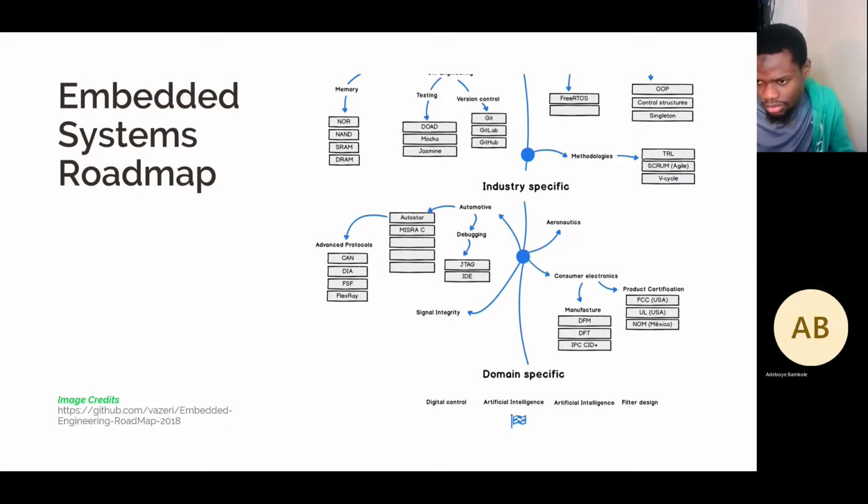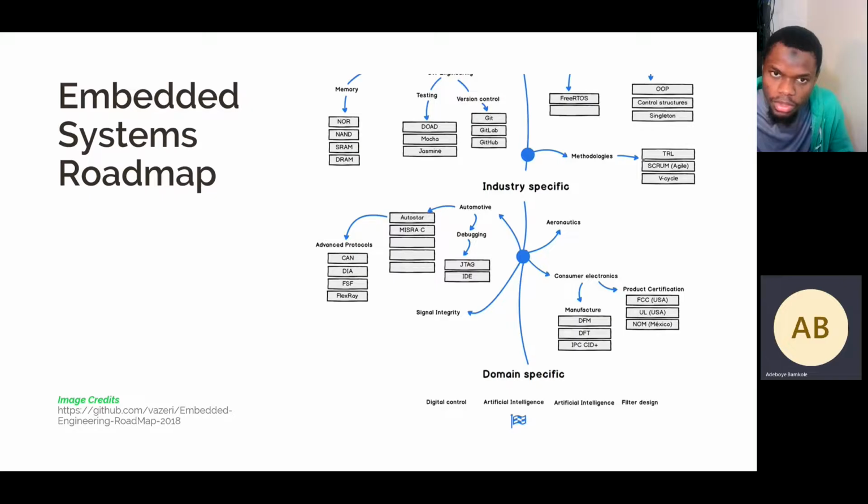And then I have domain specific knowledge: artificial intelligence, filter design, digital control, and RF design as well. There are specific things you need to know for each of these fields, in case you want to specialize in one of them.